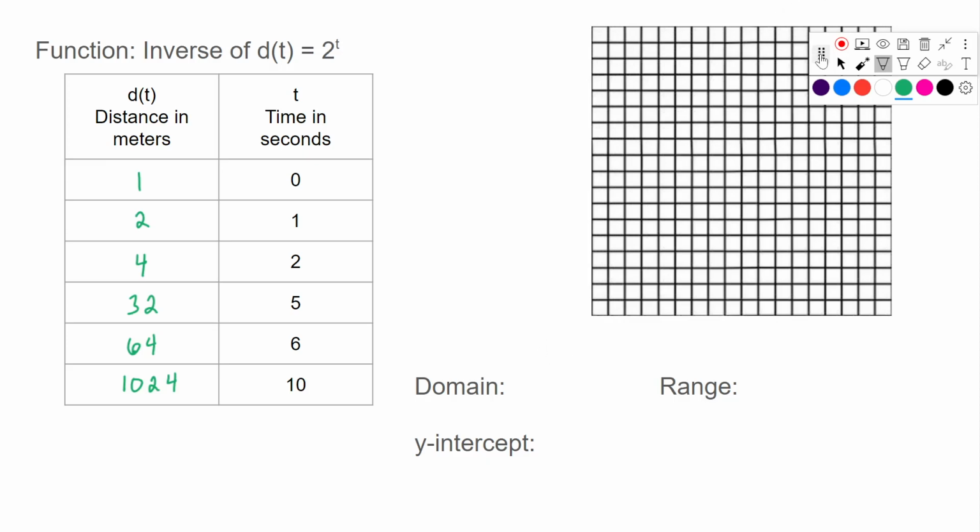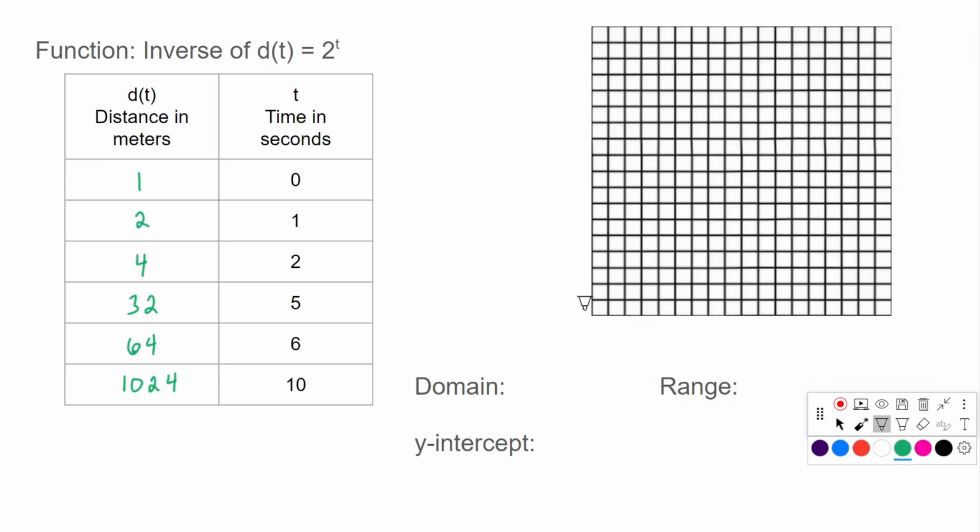I'm going to change my numbering so that my time is now my output. And just like I did before, I'm going to label every 2, but on each line. And I'm going to go by hundreds, but label every 200 for my distance.